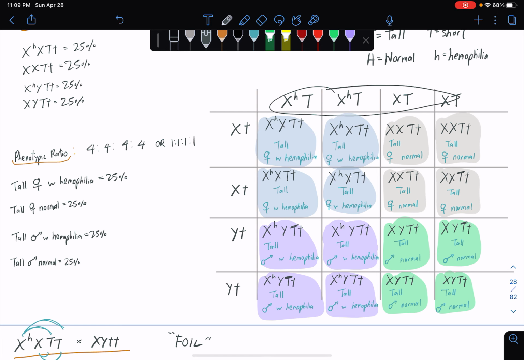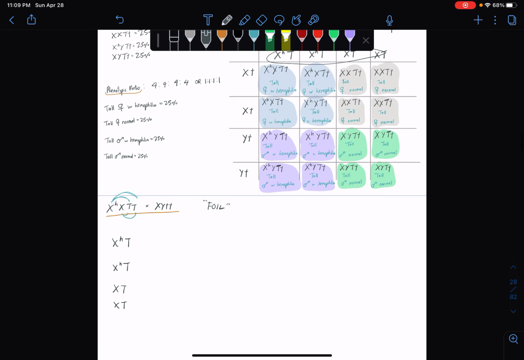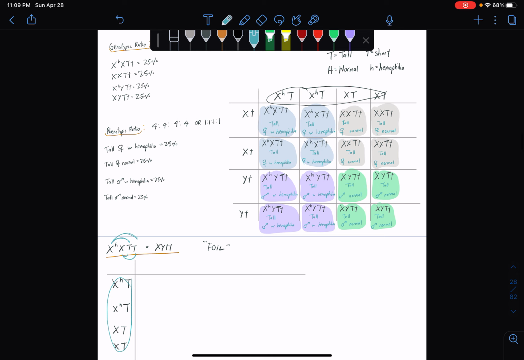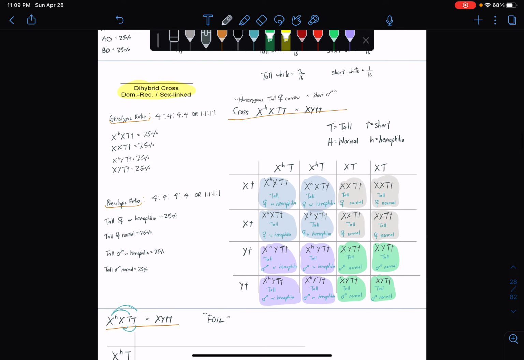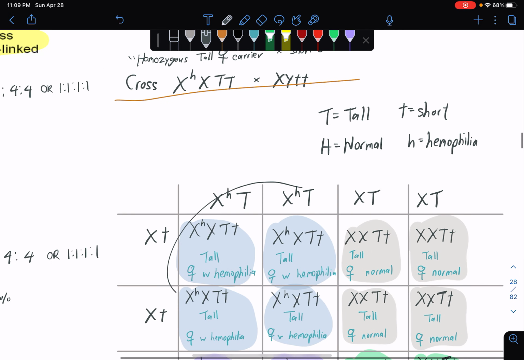Why is it here, and why is it that in my square right now, it's on another side? Well, it doesn't really matter where you put it, as long as you designate, for instance, in this Punnett square, that this is for the female, so we put a sign like that.